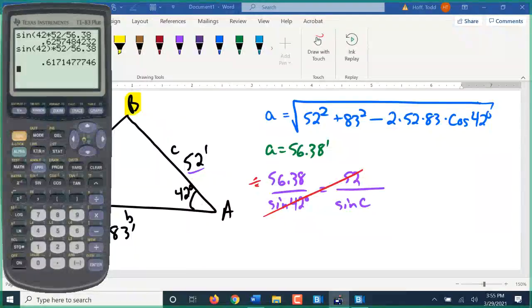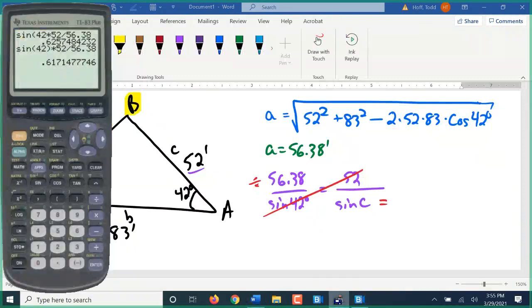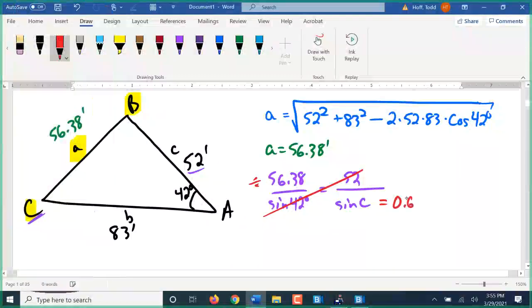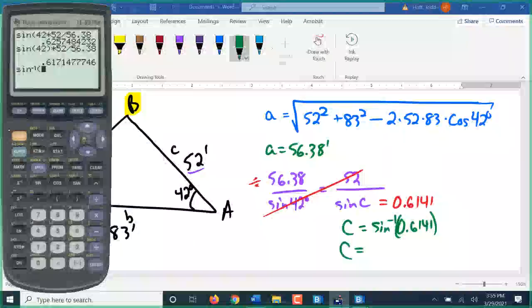That did come out a little different. 0.6141. Then inverse sine of 0.6141. Second sine, second answer, we're at 38.11 degrees.